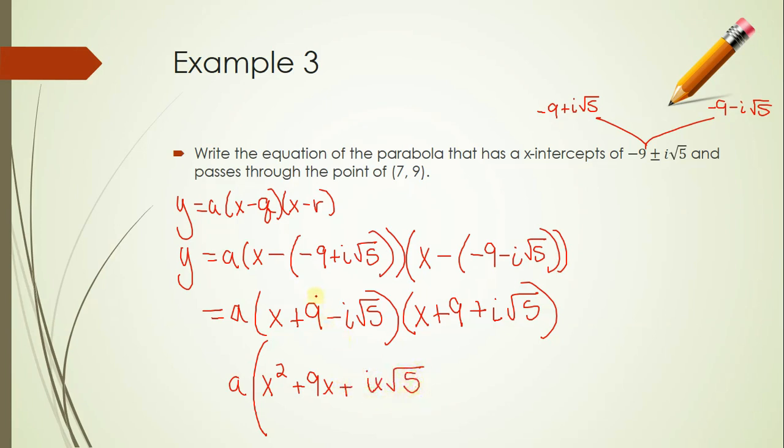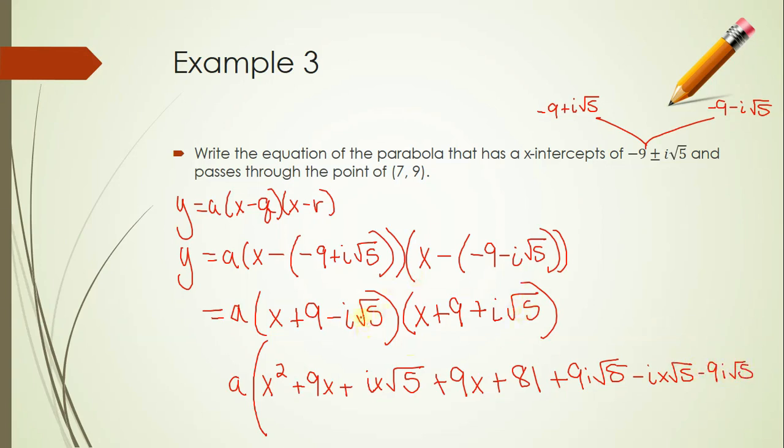Now multiply the 9 in: 9 times x is 9x, 9 times 9 is 81, 9 times i square root of 5 is 9i square root of 5. Multiply the negative i square root of 5 in: negative ix square root of 5, minus 9i square root of 5.